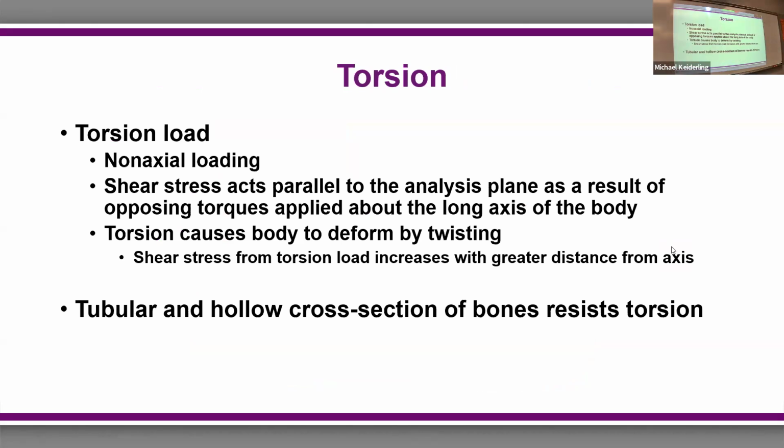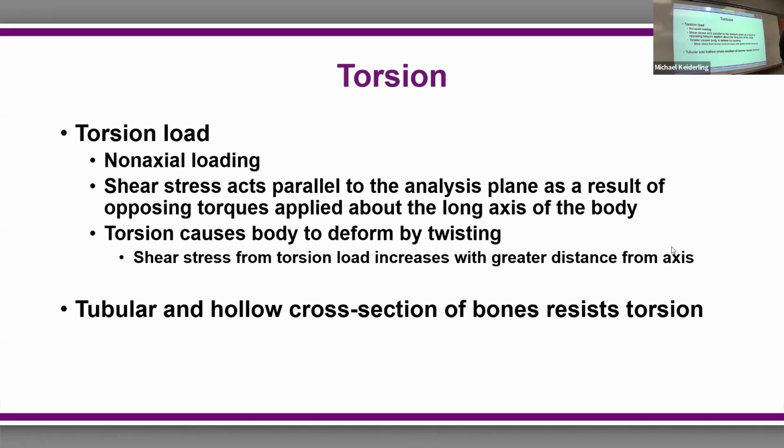Now, another form of non-axial load or combined load is torsion, or twisting. When you twist something, you generate shear stresses parallel to the analysis plane throughout the object you're twisting.